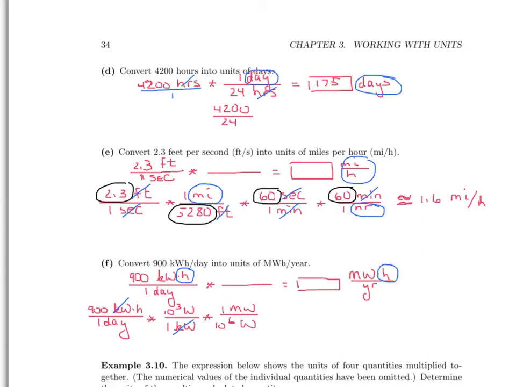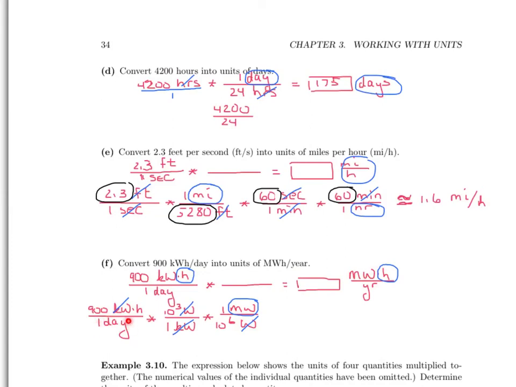So notice this is the right conversion factor to multiply by because we will have watts in the numerator, watts in the denominator, and they will cancel. So notice that getting this far, we have now megawatts in the numerator, which is what we wanted to have. And we also have hours in the numerator, so when we multiply megawatts times hours, we'll end up with the megawatt hours we wanted.